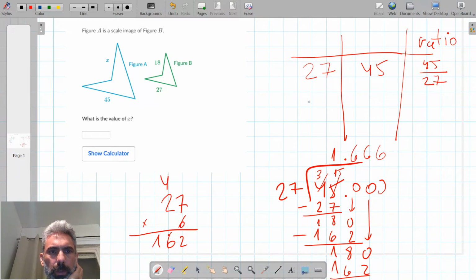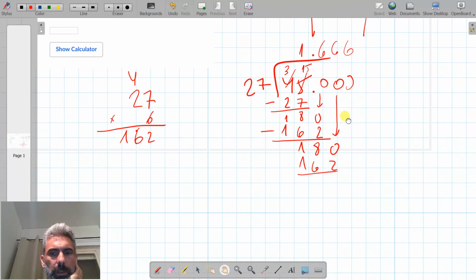So to know what x is, I need to multiply 18 times 1.666. Or I can multiply 18 times 45 divided by 27.